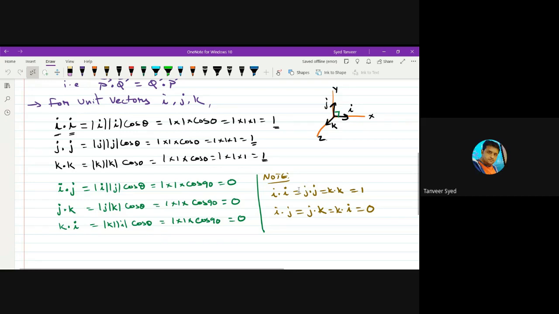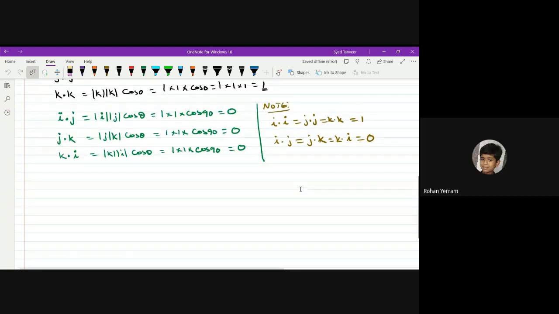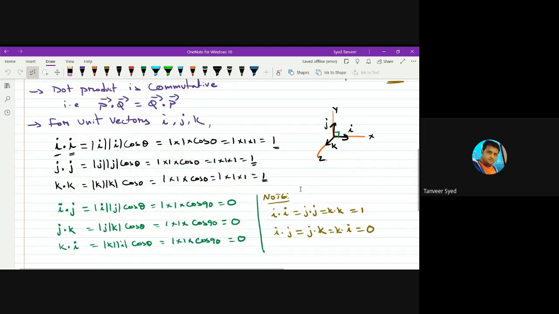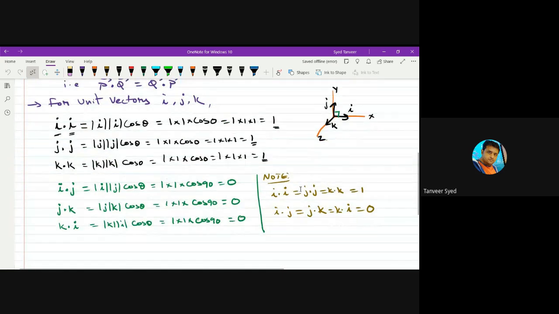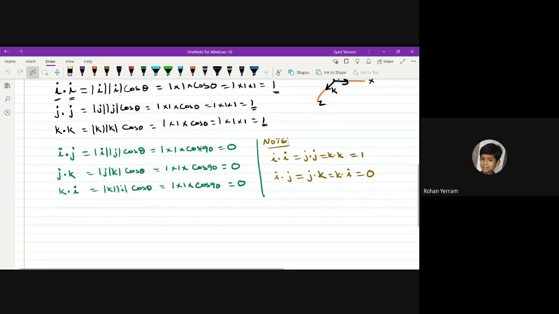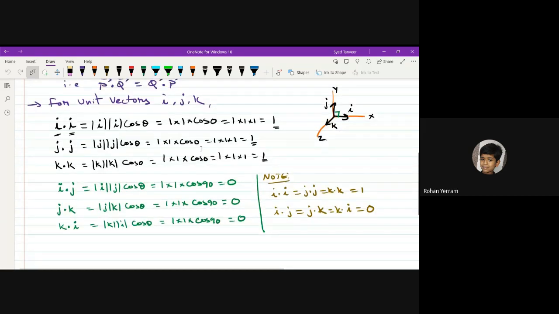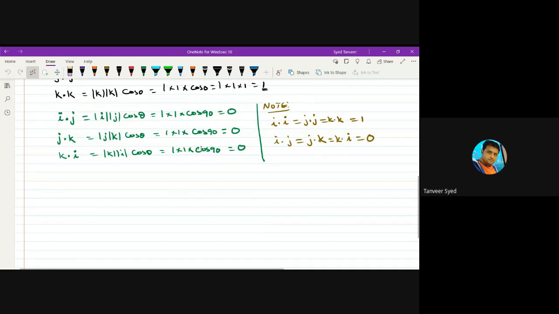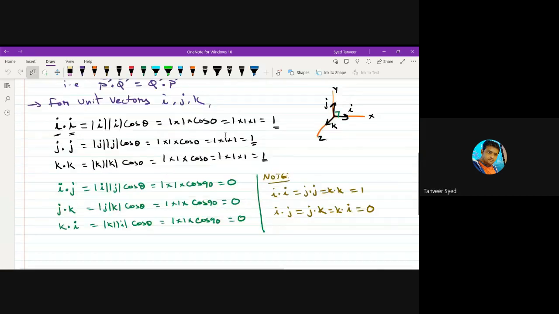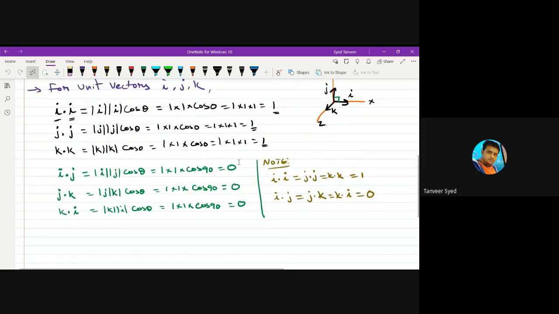Sir, how, sir? Actually, it is triple product. We don't have that triple product in +2 syllabus, up to +2. Okay, sir. Sir, and I have a doubt in addition, sir. Let us finish this thing first. For unit vectors. Next.